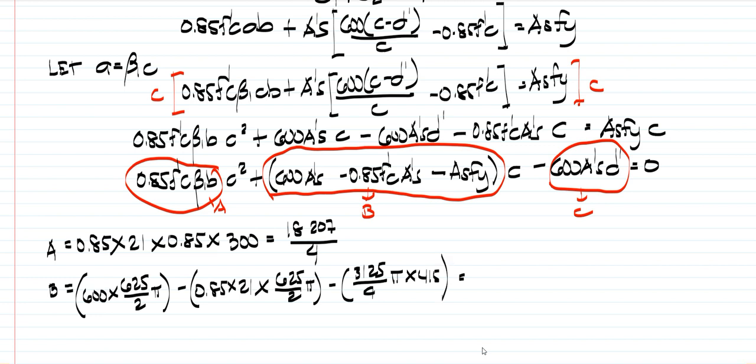Calculating this value, we get negative 1138,375 over 8 pi.